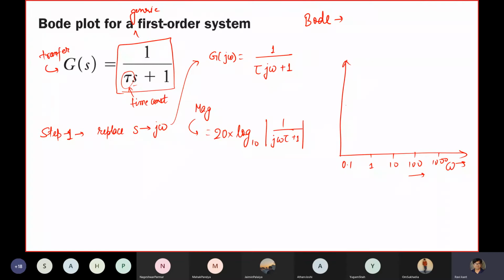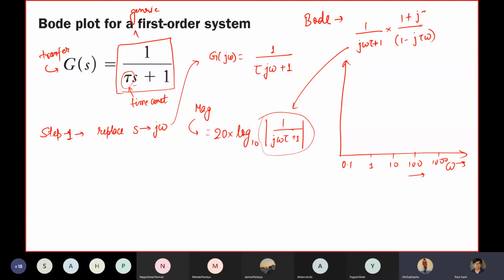Now what is the magnitude of this expression? I can do some multiplication and division: multiply numerator and denominator by 1 minus j tau omega, over 1 plus tau square omega square.